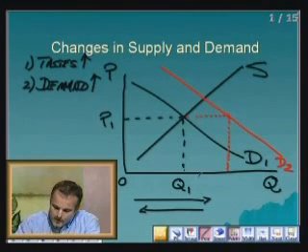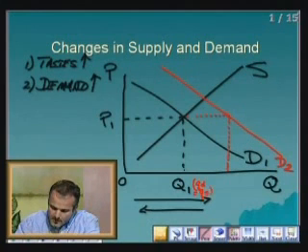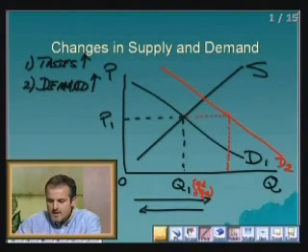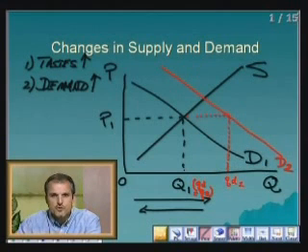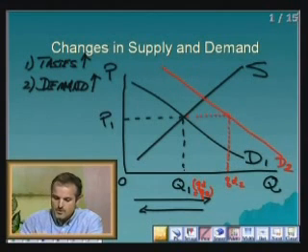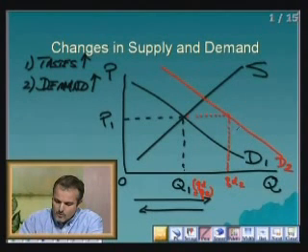You'll recall that Q1 is where quantity demanded equals quantity supplied. Now that demand is increased, at the old price there is a new quantity demanded that we'll call QD2. So at a price of P1, people are now willing and able to buy QD2 number of dogs.